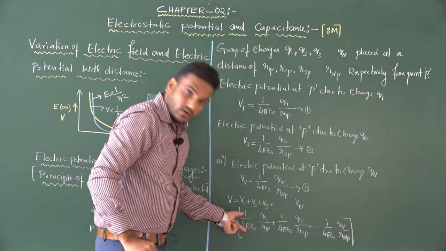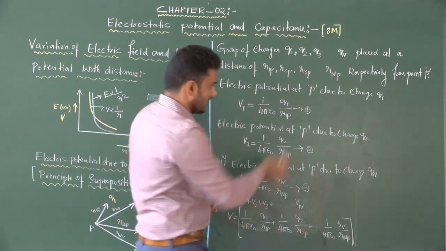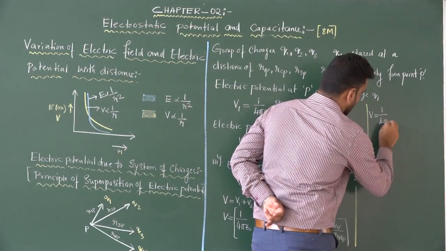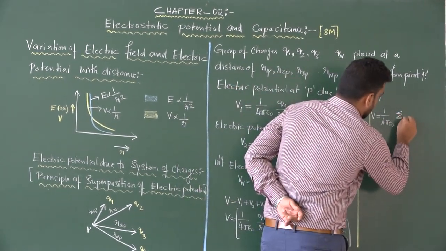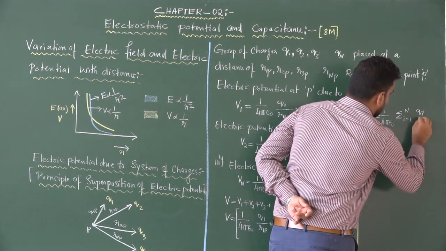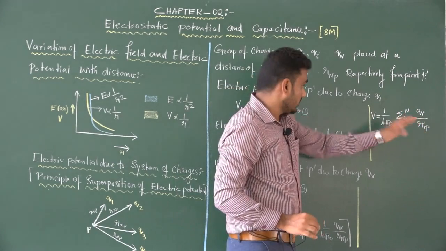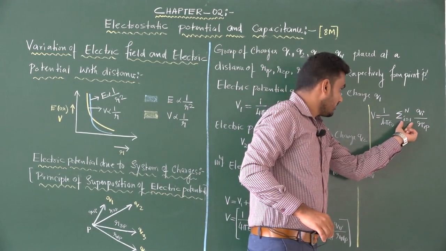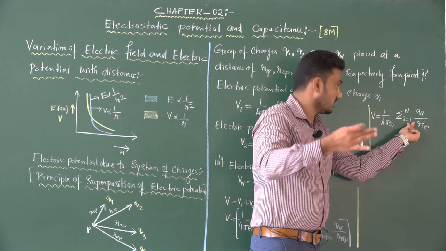In this, 1 over 4 pi epsilon naught is common, so I can take it out. I will write here the total potential V is equal to 1 over 4 pi epsilon naught, which I have taken common, then summation of i equal to 1 to n, Qi divided by Rip. Just check whether it holds good or not. 1 over 4 pi epsilon naught is common. Summation of i equal to 1 to n means in place of i we can give 1, 2, 3, 4 up to n.